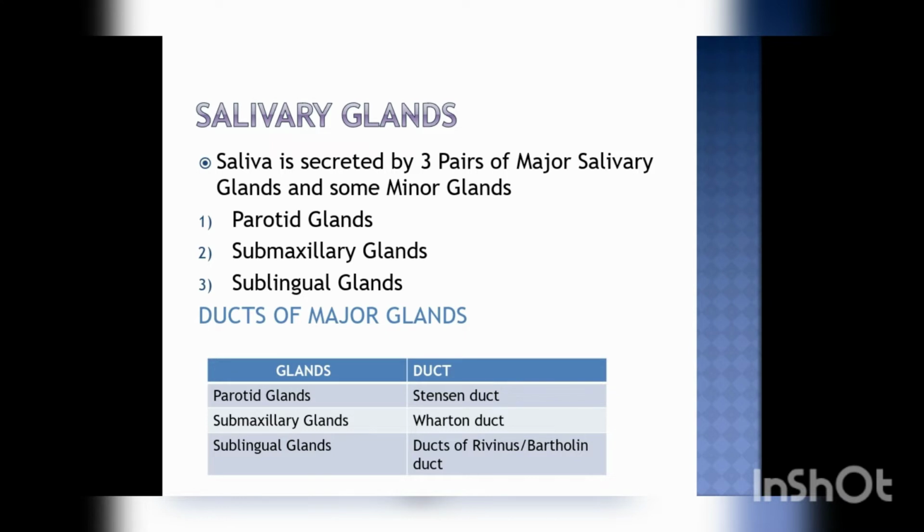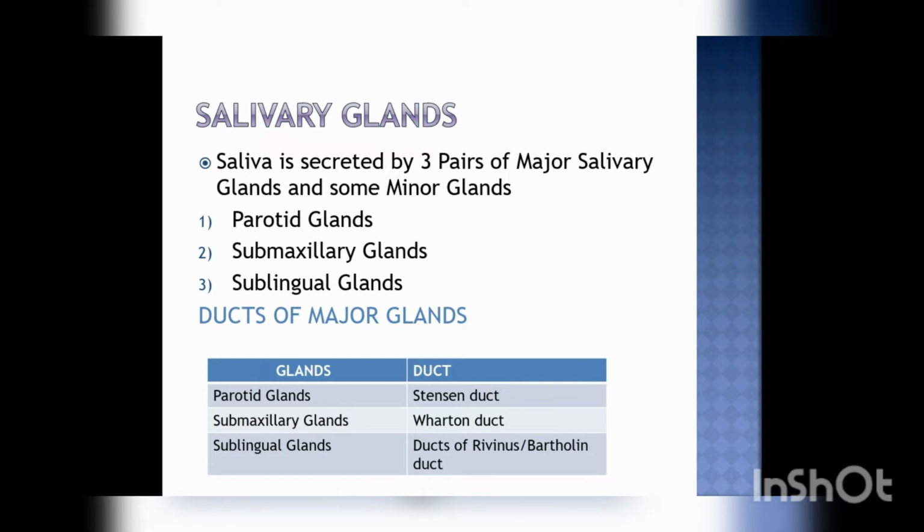Second one is submaxillary or submandibular gland. It is located medial to mandible. This gland is emptied into oral cavity by Wharton's duct.